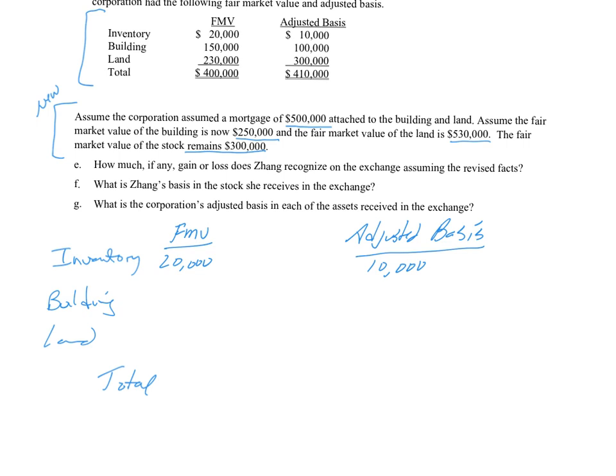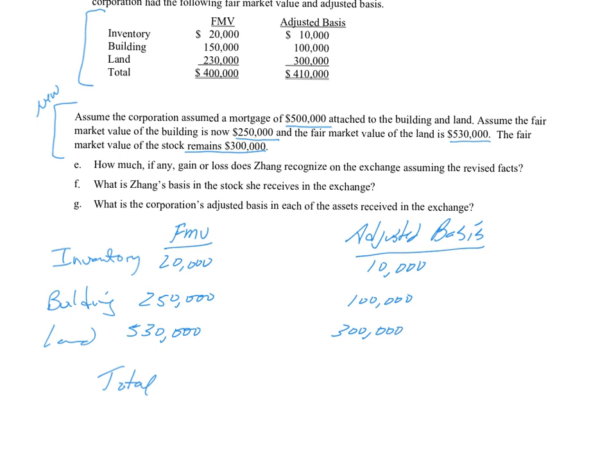For the building, the fair market value of the building is now $250,000. And the adjusted basis does not change. And the fair market value of the land is now $530,000. And the adjusted basis does not change.